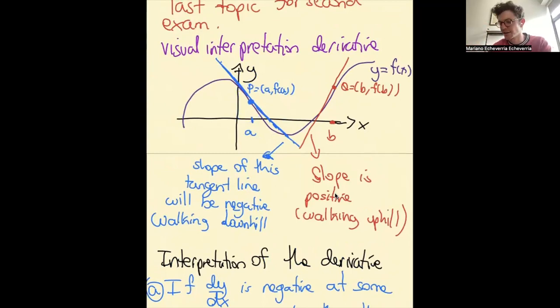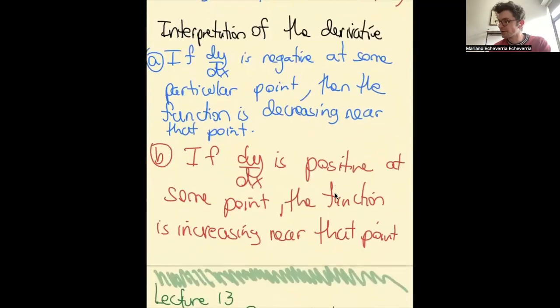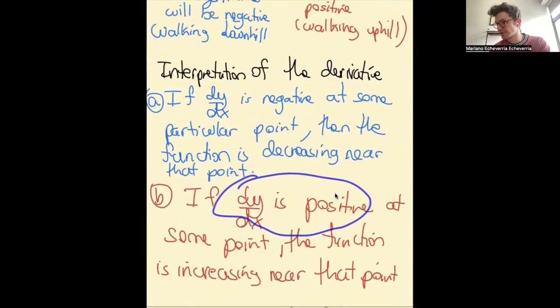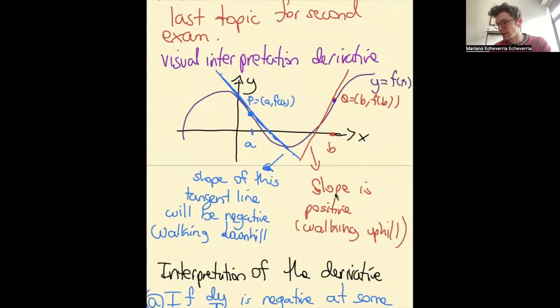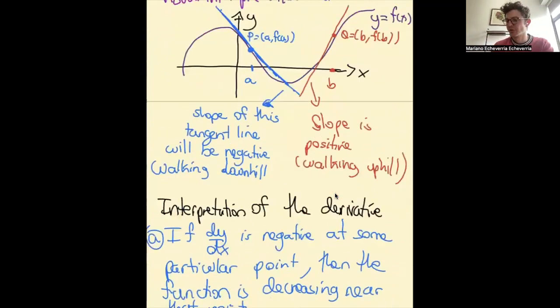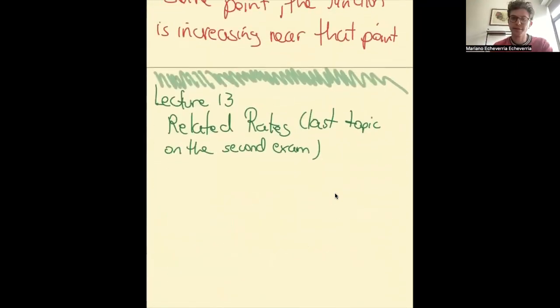So your height is decreasing. But if the first derivative is positive at some point, then in this roller coaster analogy, it's like going uphill. So your height is increasing as you pass that point.